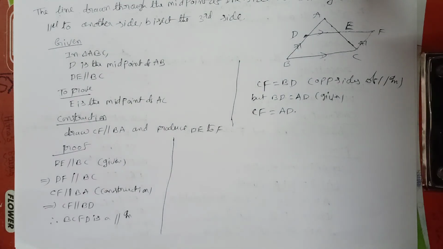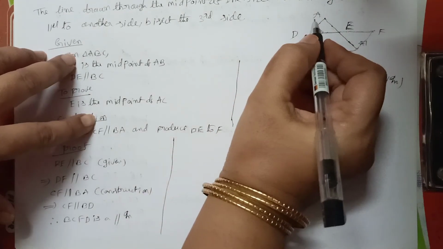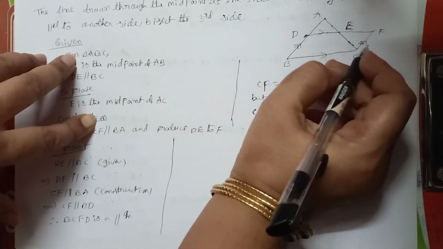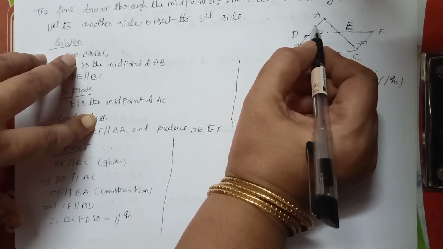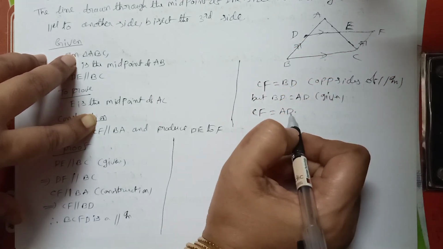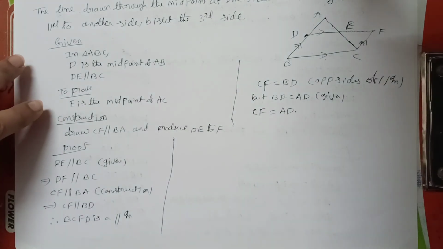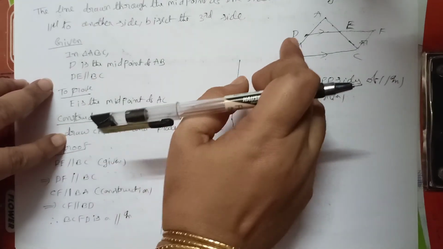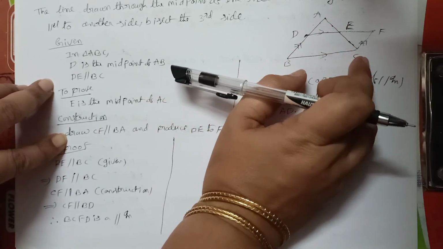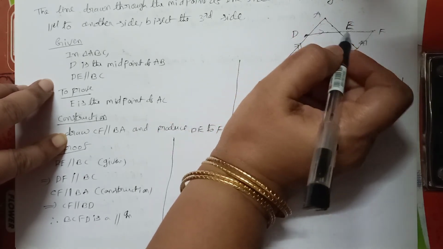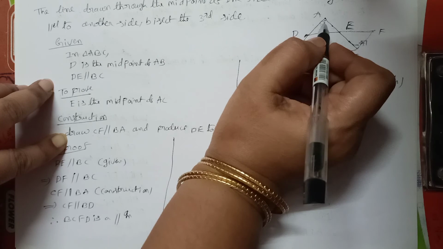Angle AED is equal to angle CEF. AD is equal to CF. What is the third part? Angle DAE is equal to angle ECF, alternate interior angles.